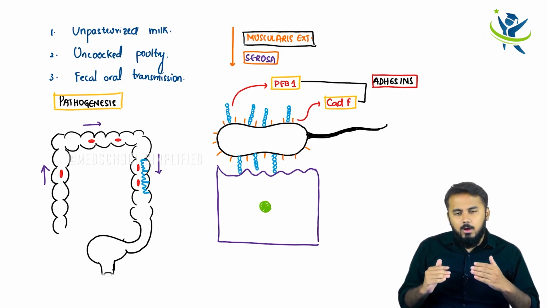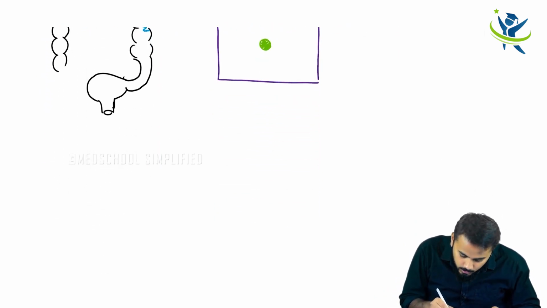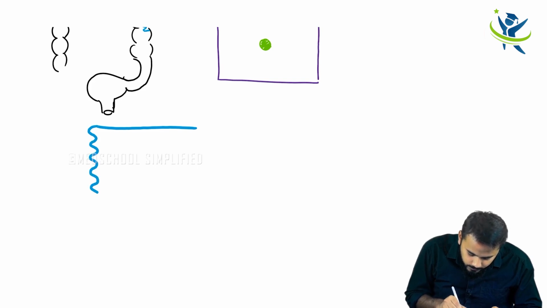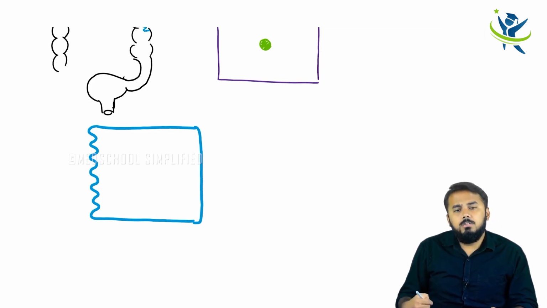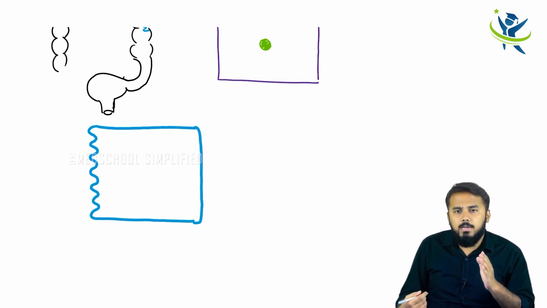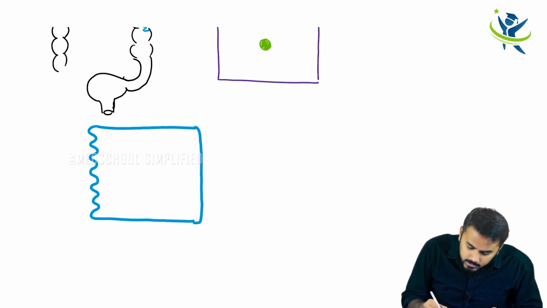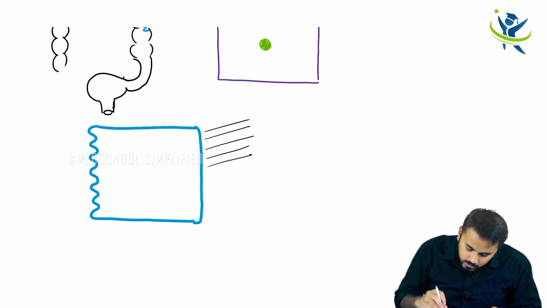Now let us discuss how things happen here. Let me draw the enterocytes here. So this is your enterocyte. And where are these enterocytes located? They are located in the mucosa layer, right? So mucosa is the innermost layer, where enterocytes are located. Next to that I have the submucosa.